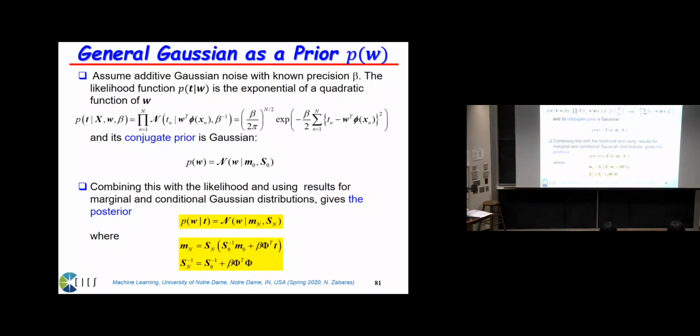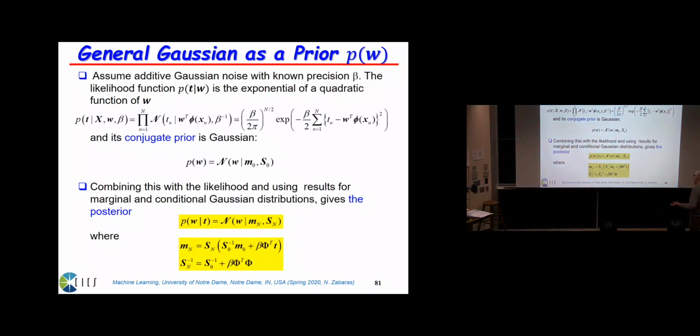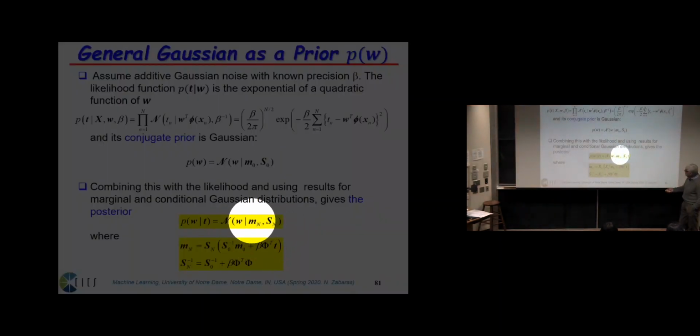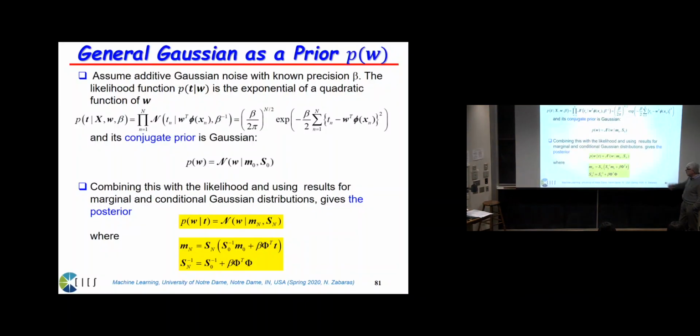Would that still give me a nice answer? And the answer is yes, absolutely, and here are the answers. Repeating the same calculations and closing the square, the posterior of W is a Gaussian with a covariance Sn and a mean Mn, the same as the MAP estimate, given by these wonderful formulas.